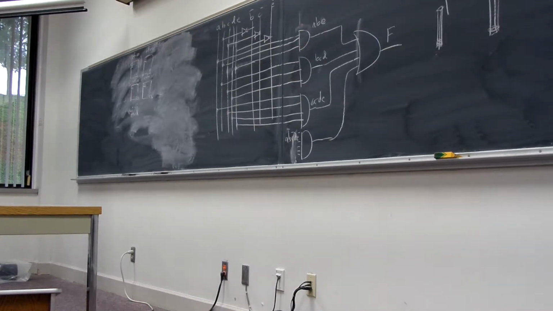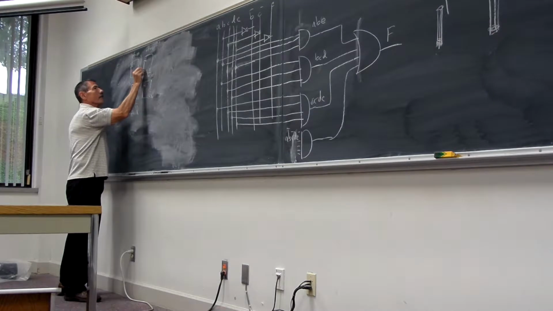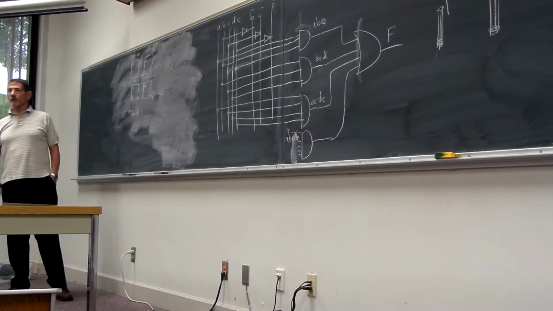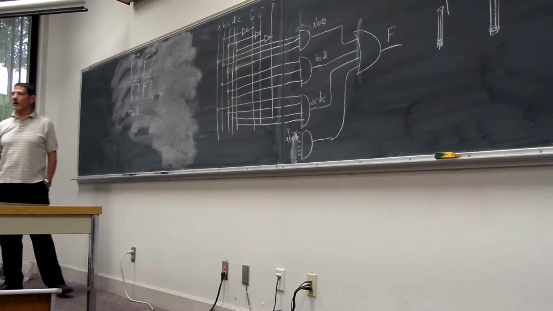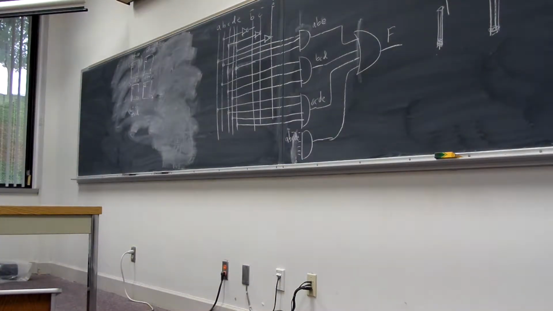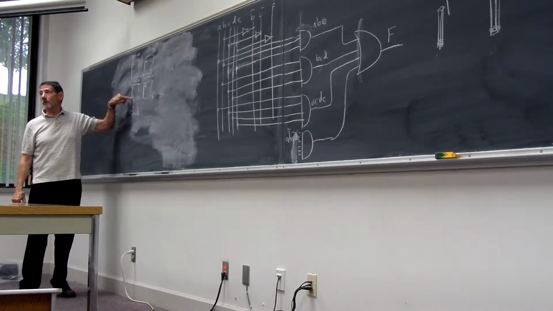Everybody understand that? Okay, what would happen if I had this and everybody else were 0s? Could I put these into a group of 2? The answer is no. I cannot get from this guy to this guy following a path where only one variable changes.